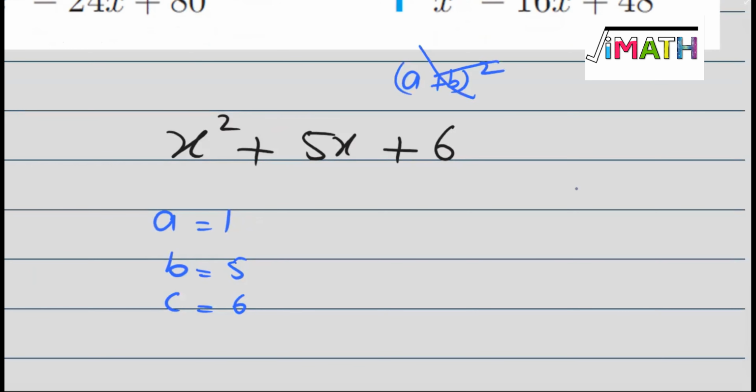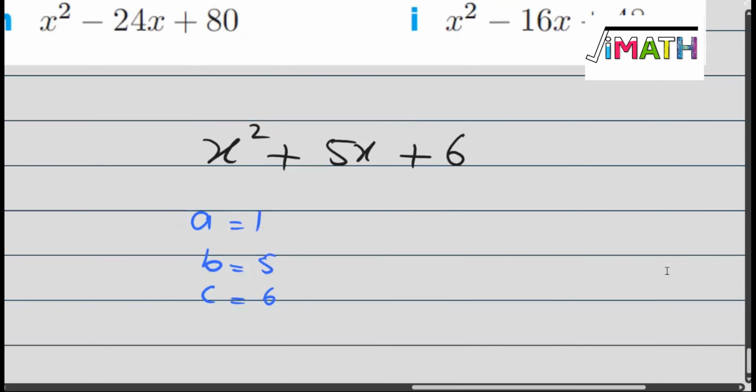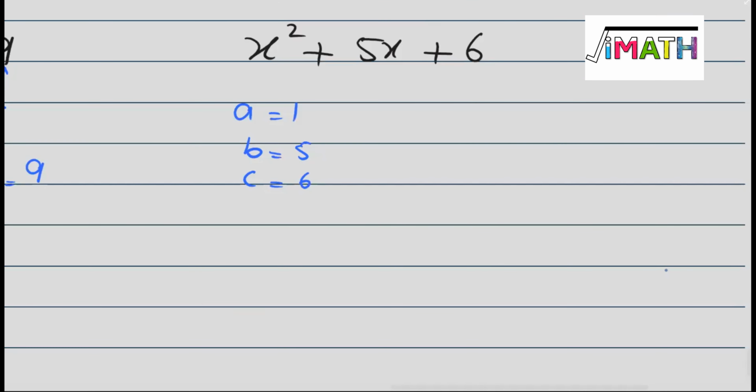So we need to factorize this by using another technique. So I would write product and sum as P and S. Product is multiplication of A and C, and the sum is equal to B.